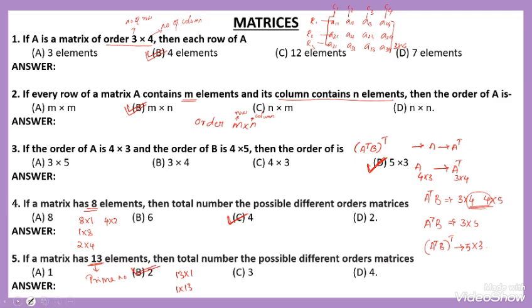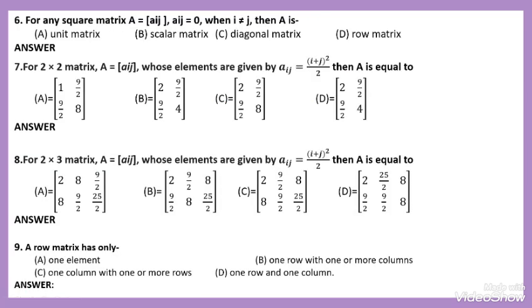Then next question. For any square matrix A equals Aij, here A represents the matrix. Here small letter Aij represents the element present in the ith row, jth column.